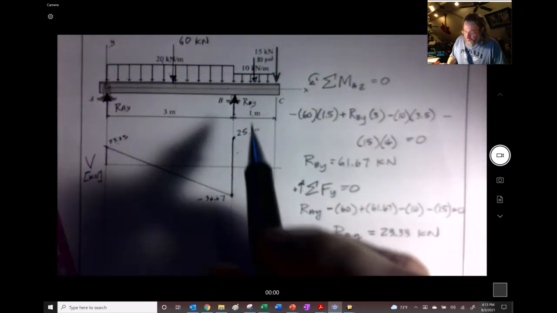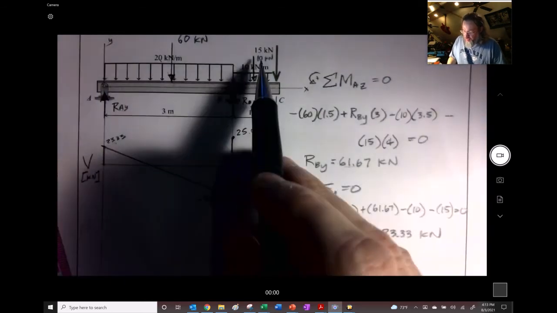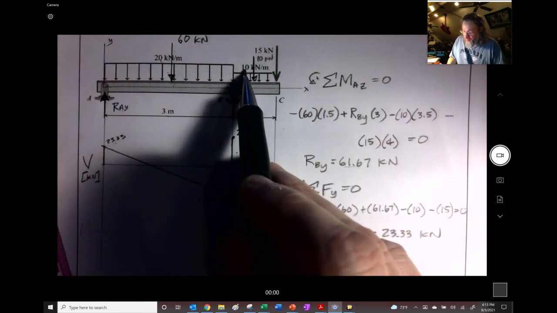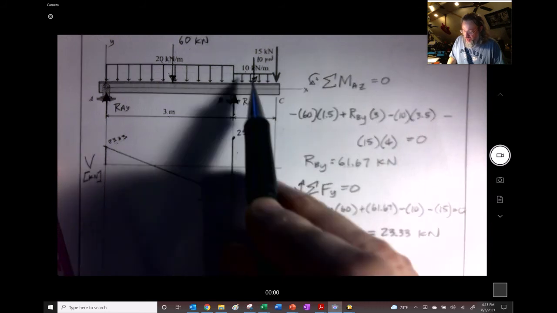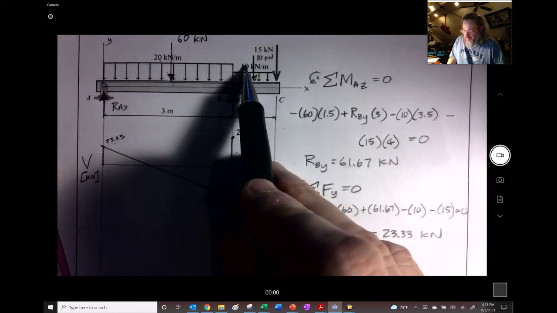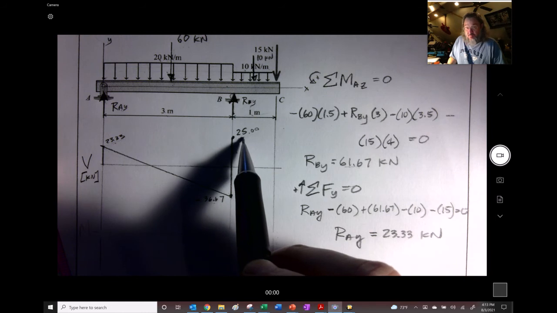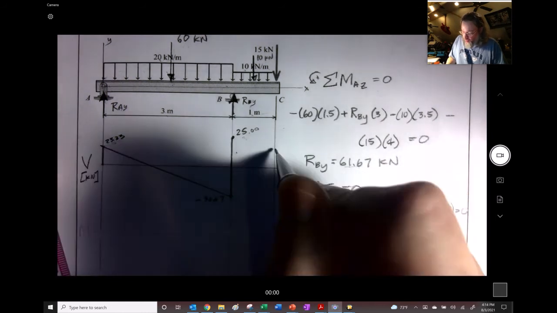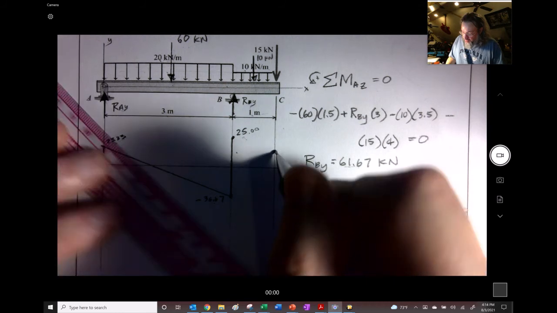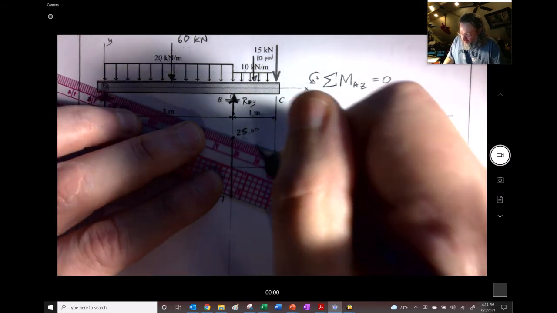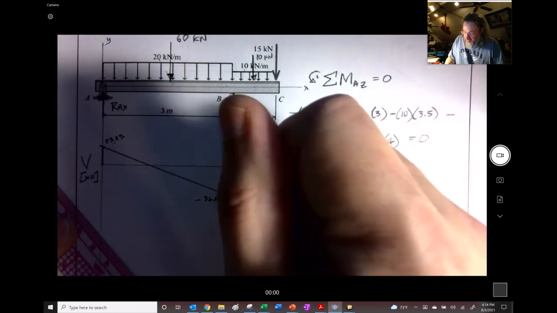And now, what we could do is we could take our 10 kilonewtons and multiply it by 1, and it's downward, so it's negative. So we have a negative 10 added to the 25, and we get 15. Right, so we actually come down to over here, and it is a slope like there. Once again, it's a negative slope.